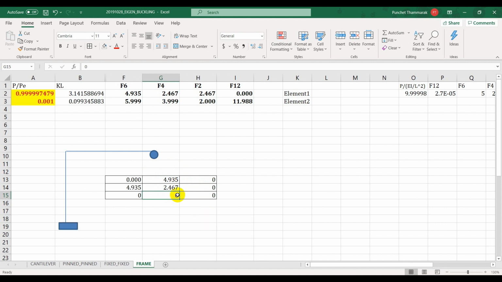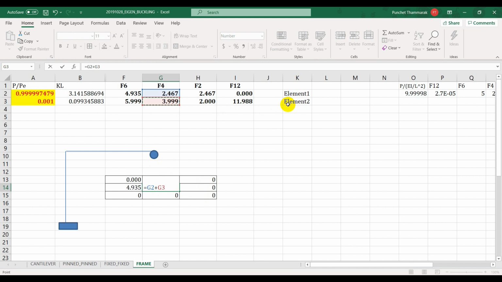Okay, and then contribution from this member, just rotation here and rotation there. So this add up with F4. We need to use the second element.